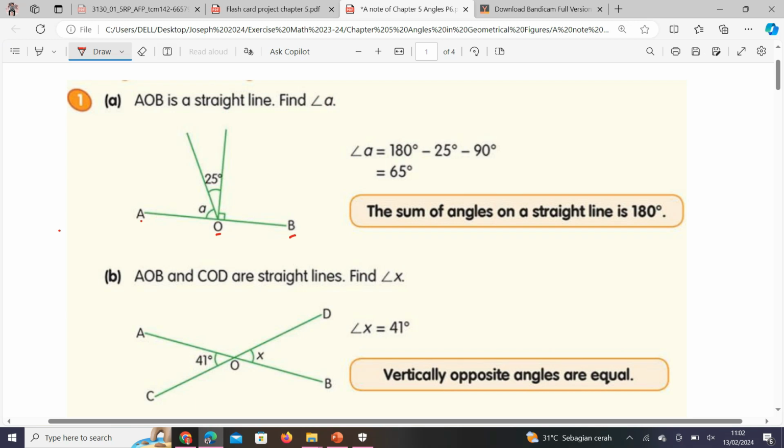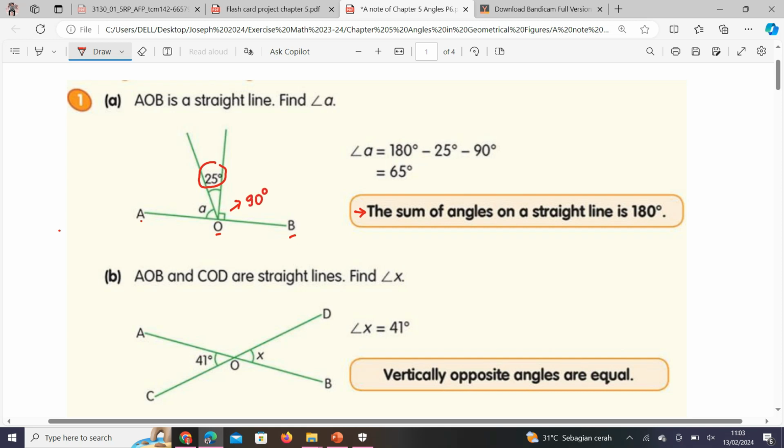To find the angle of A, you need to memorize this statement. The sum of angles on a straight line is 180 degrees. So, when you see AOB is a straight line, to find the angle of A, it equals 180 degrees, because the sum of angles on a straight line is 180 degrees, minus 25 degrees from this, and then minus 90 degrees, because when you see this angle, this is called a right angle.